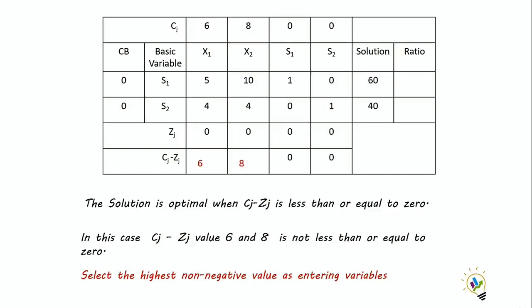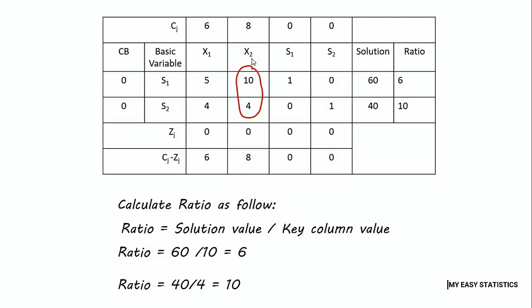Now 8 corresponds to the x2 variable, so x2 will enter into basic variables. This column is called the key column, and the key column has 10 and 4 values.